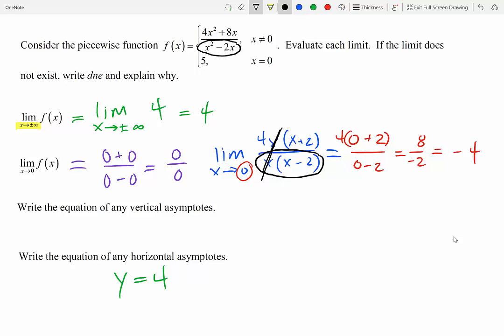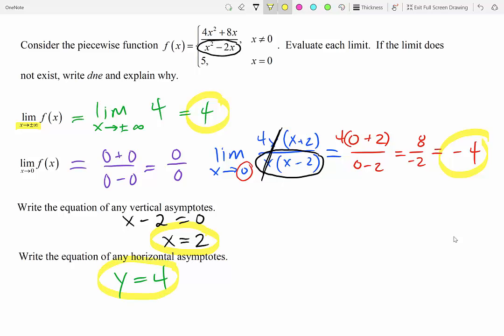It would not lead to a non-zero divided by 0. On the other hand, x minus 2 can be set equal to 0, which gives us a vertical asymptote of x equals 2. So to summarize, our limits are 4 as x approaches positive and negative infinity, negative 4 as x approaches 0. We have a vertical asymptote of x equals 2 and a horizontal asymptote of y equals 4.